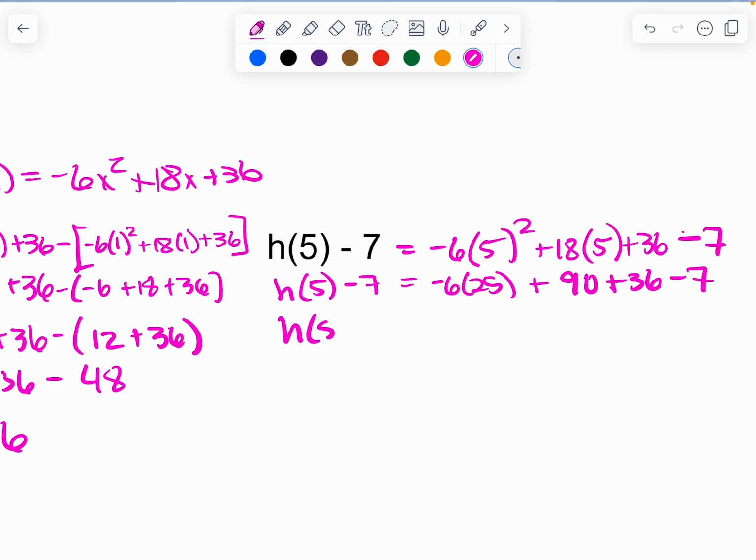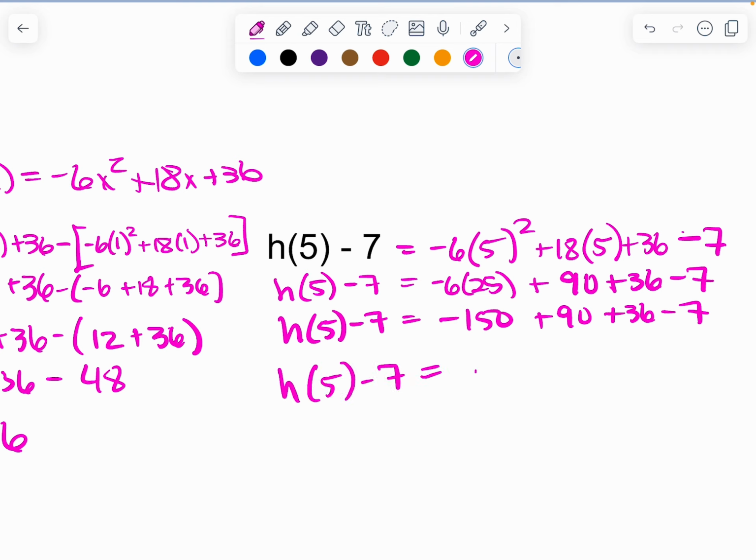Okay, h of 5 minus 7 equals, oh yeah, definitely should have known that. Okay, and I'm just going to put this into the calculator as is. It's 36 minus 7. Okay, so h of 5 minus 7 equals negative 31.